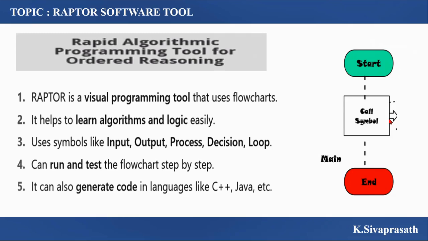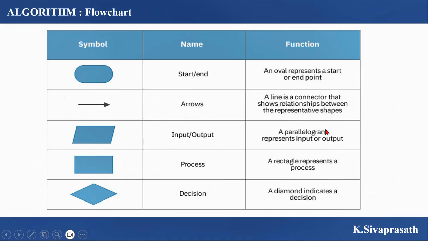So this software tool gives us a provision of symbols, and thereby we can develop a flowchart to implement an algorithm or any task. This software in turn generates code in languages like C, C++, Java.